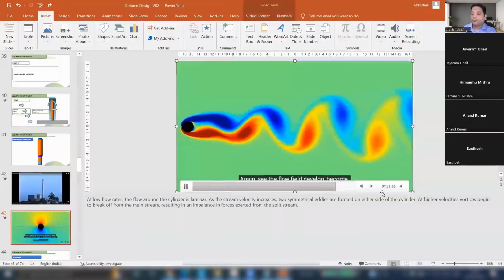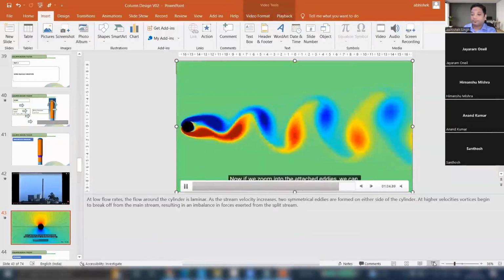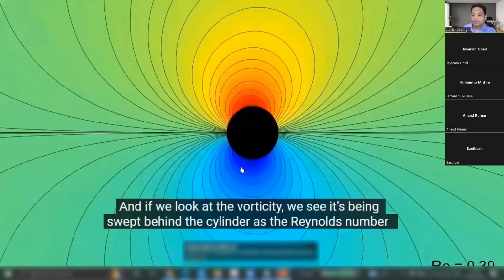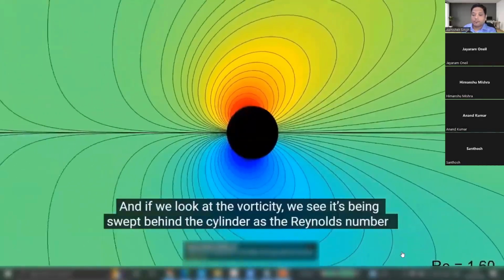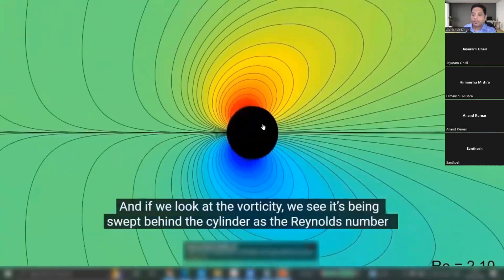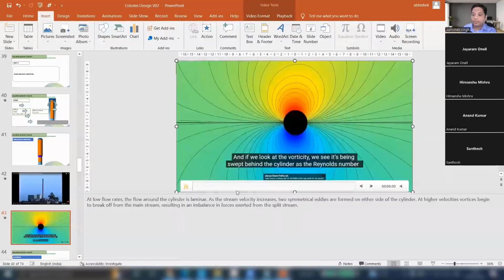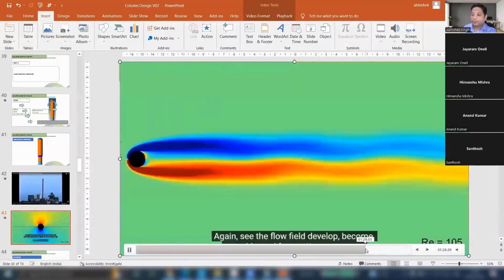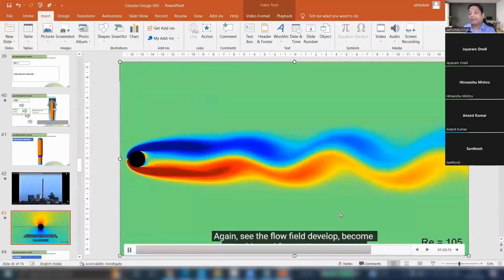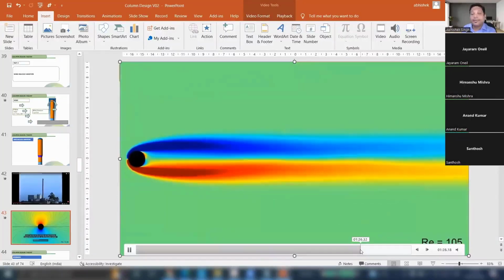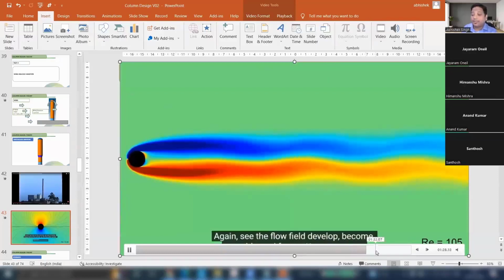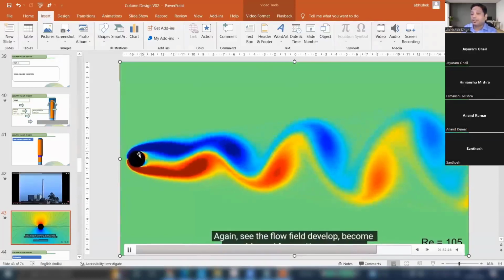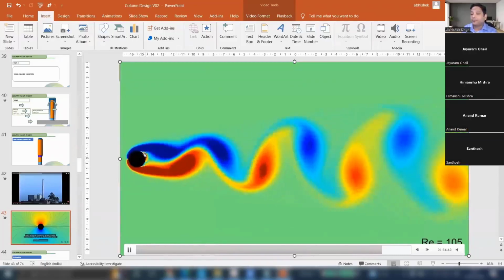I'll just make it for you. I think it's better to see in this view, so that we can see exactly what happens at Reynold number greater than 60 to 105. Just look closely at this location, then you will understand what is happening.